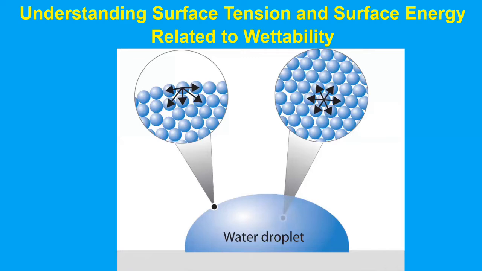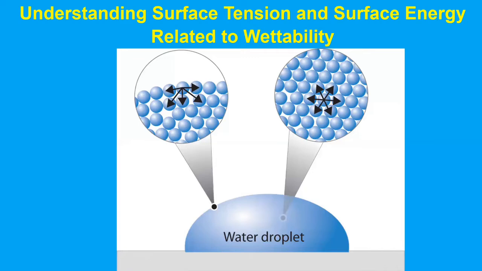And it starts with ensuring that inks wet the substrate completely and evenly. This process is called wettability. There are two types of surface energy and surface tensions that affect ink adhesion.